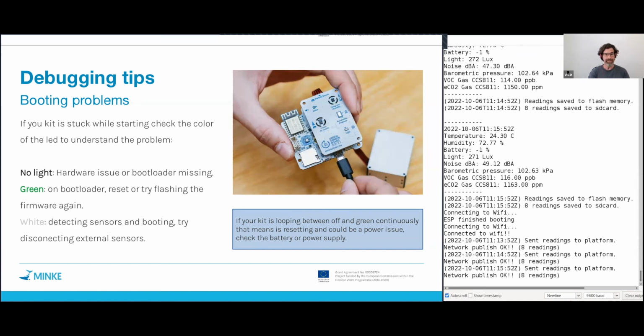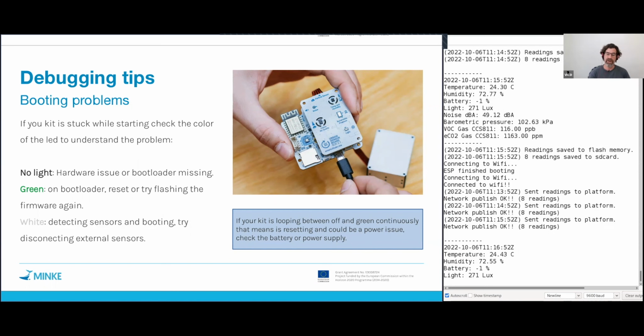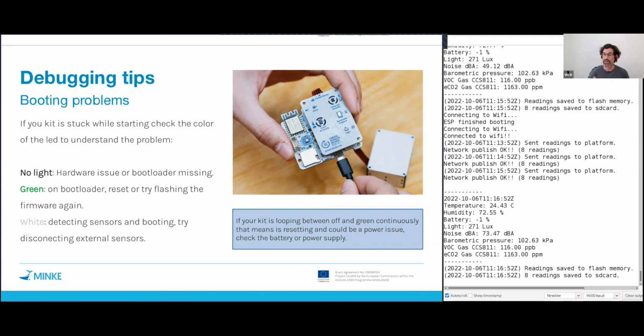Then, if your kit lights but it's stuck at green, it means that the bootloader is working because it managed to light the LED in green, but it's not able to find any other program to run. That means that probably your software got damaged for some reason. But that's easy to fix by yourself by just doing the same process that you do when you upgrade your firmware.